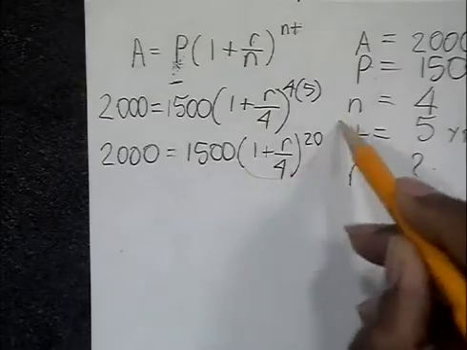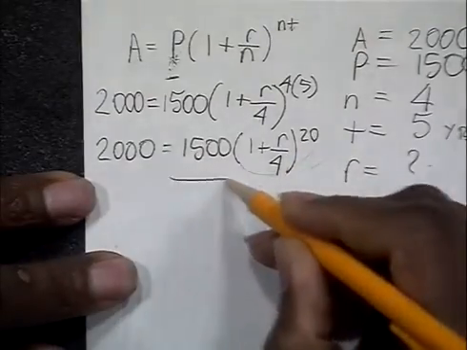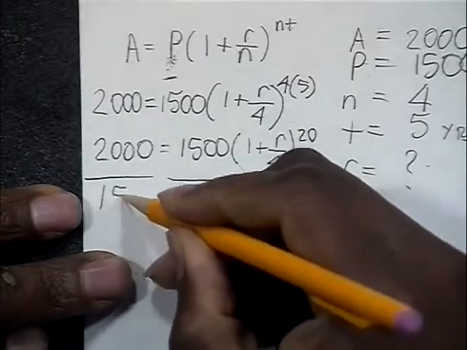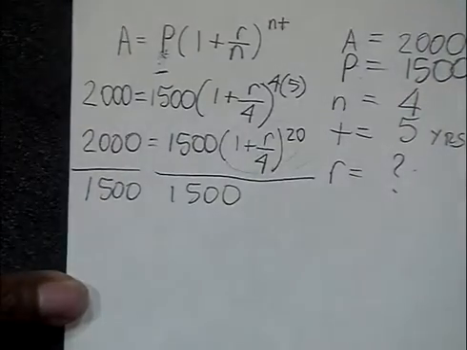this exponential part of our equation by dividing by 1,500 on both sides.